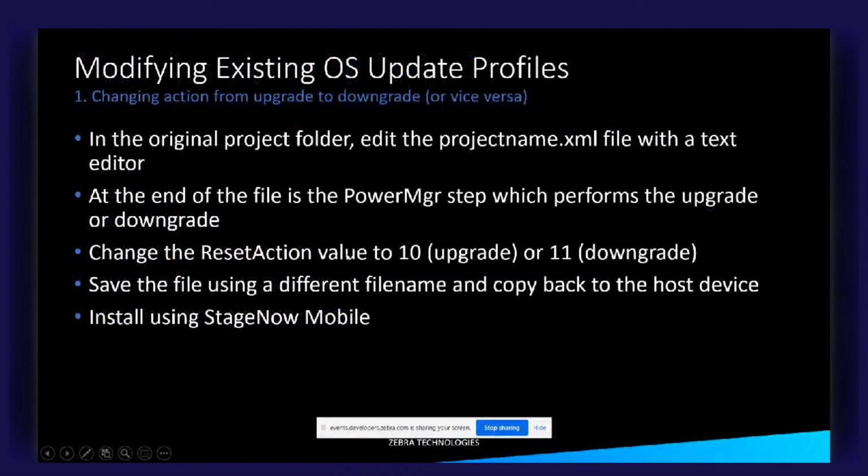And these have to be correct, because if you try and apply an upgrade to a device which has a higher OS version already installed, then it will fail at the reflash stage. It won't even try and apply the profile, and same with the downgrade. So make sure, depending on what version you have and what version you want to apply, you choose one or the other that's appropriate.